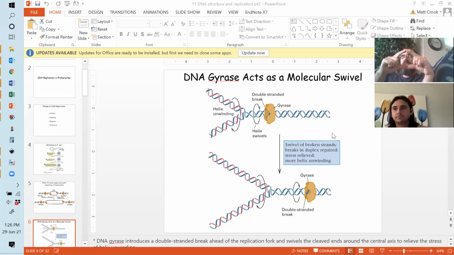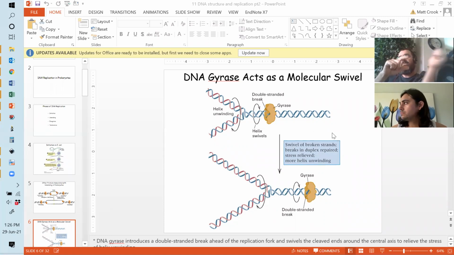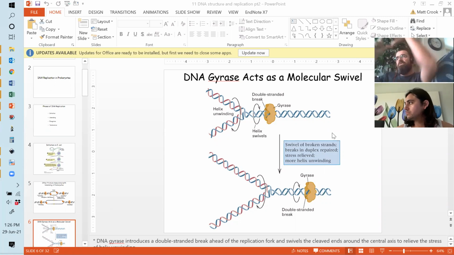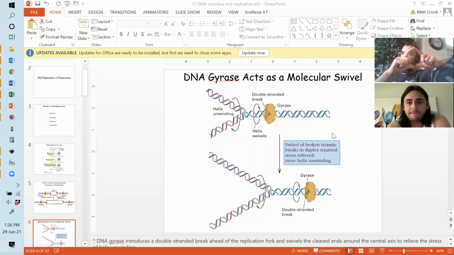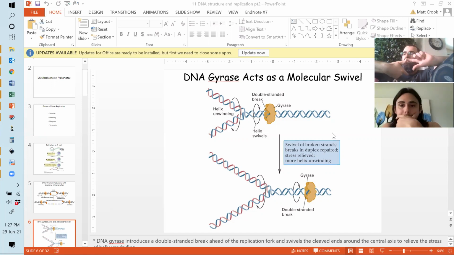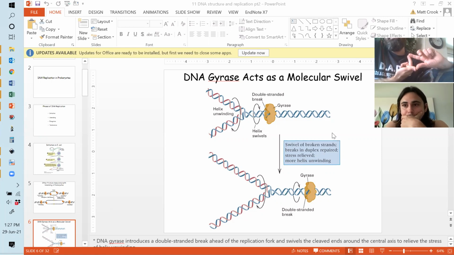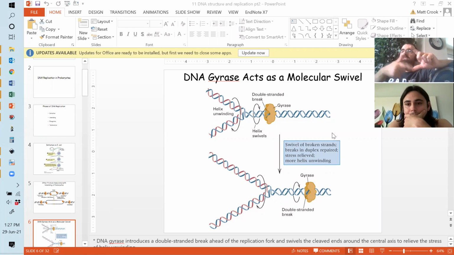Essentially, you have your double-stranded helix like so, and this is the replication fork over here. DNA gyrase can either break one strand, and there's a whole bunch of energy coiled up in that supercoiled area ahead of the replication fork. As soon as you break it, it spins round, and then the gyrase sticks it back together again. By doing so, it relieves that supercoiling ahead of the replication fork.